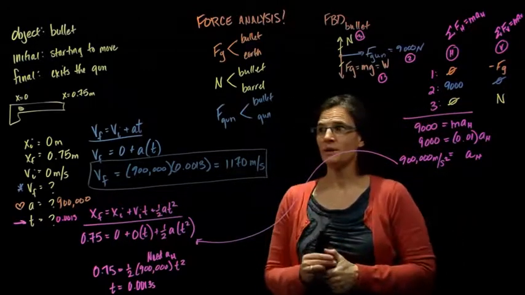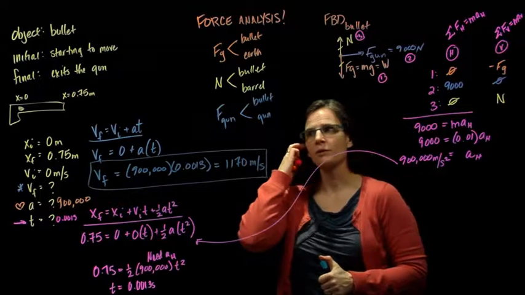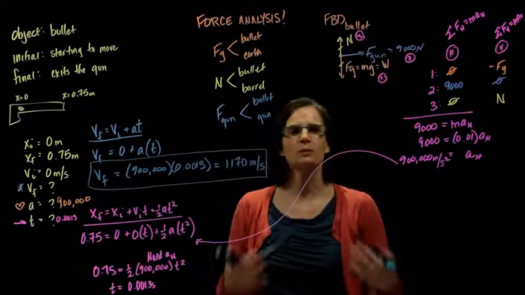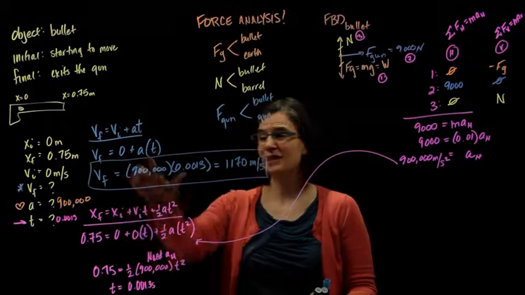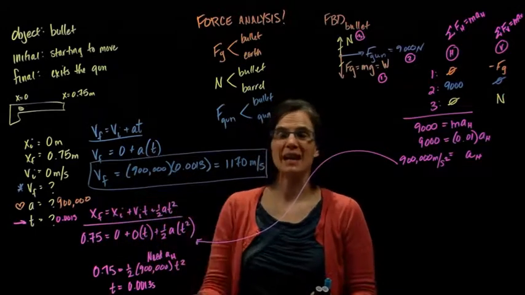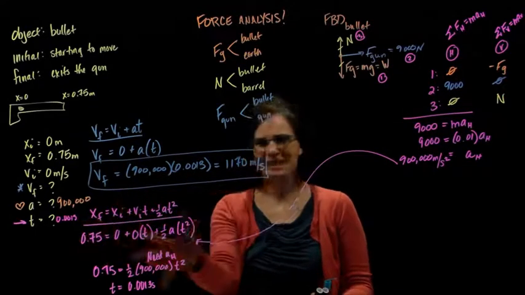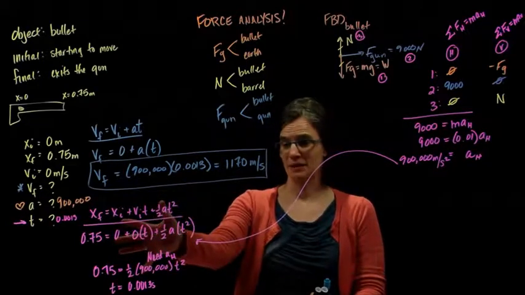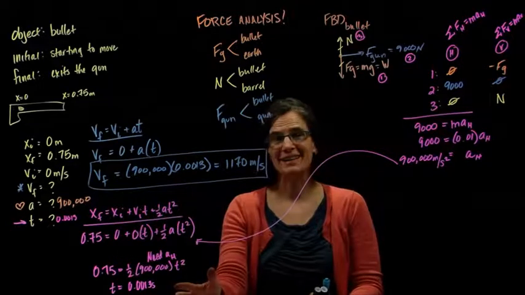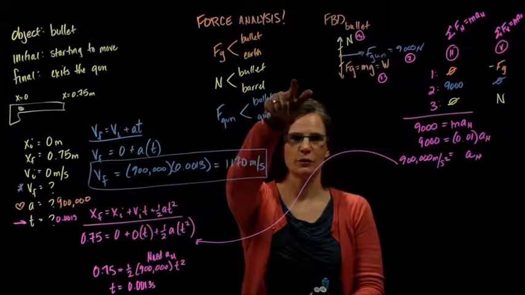All right, so what was our process? Well, solving that problem required us to look at kinematics. What is the final velocity? Follow my kinematics process, and I discover that I need both acceleration and time. I can't get acceleration and time from my kinematics process, but I know I can get acceleration if I go to force analysis.